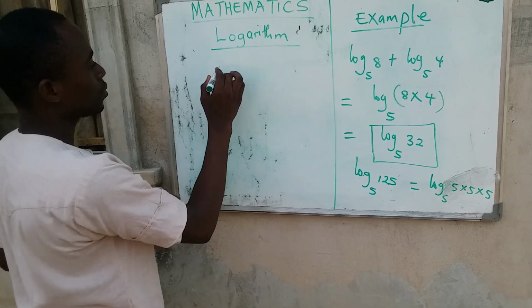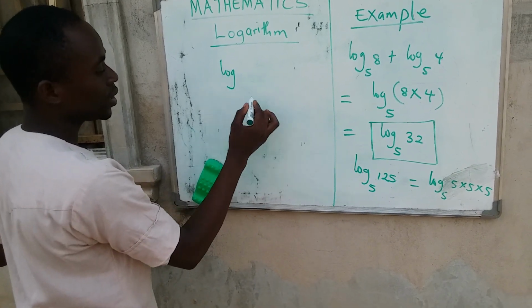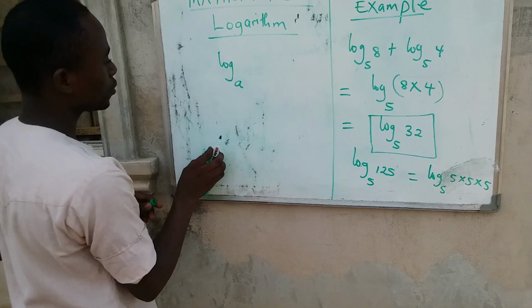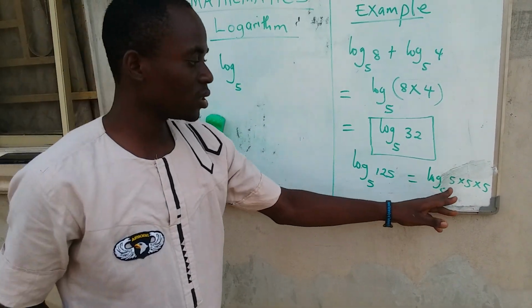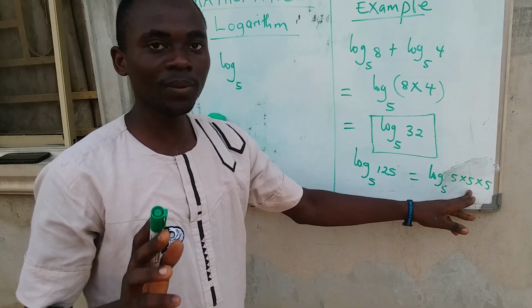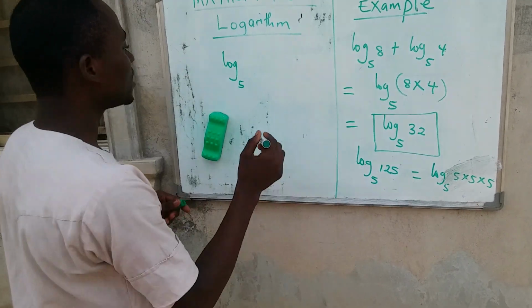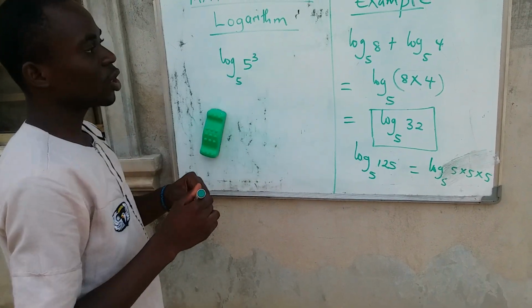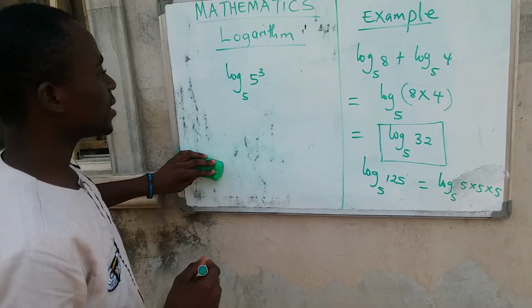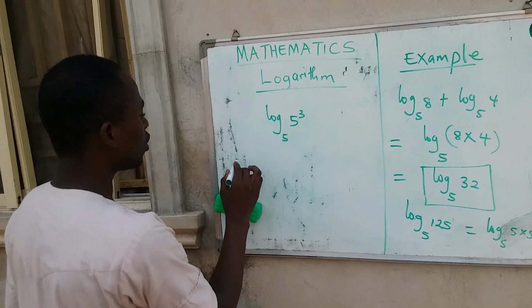Now, that will lead to logarithm to base 5 of, if you look at this product, 5 is the only number reoccurring in 3 places, which means I can rewrite it as logarithm to base 5 of 5 raised to power 3. And this leads us to the second law of logarithm.